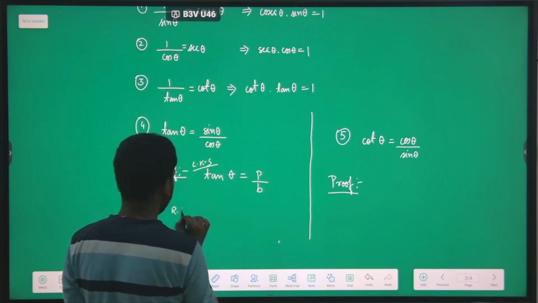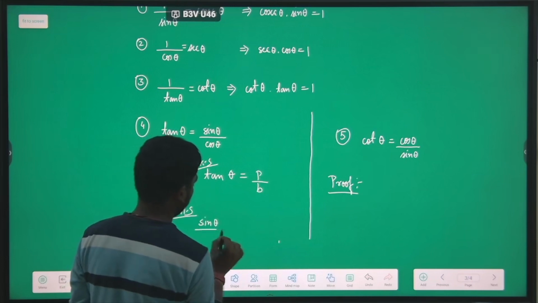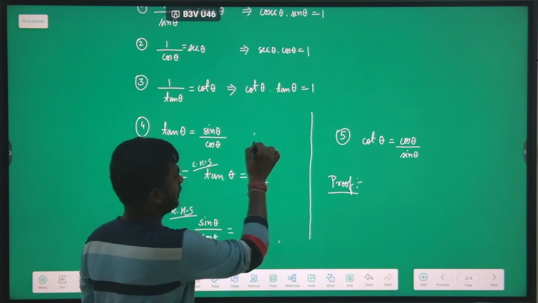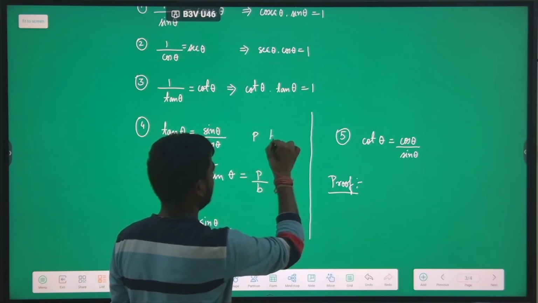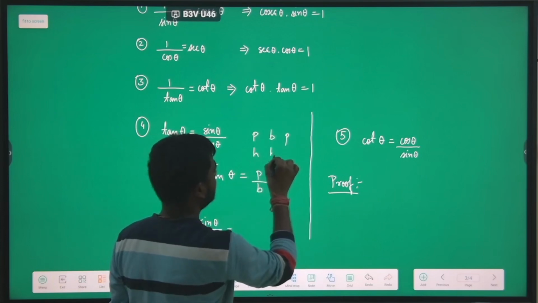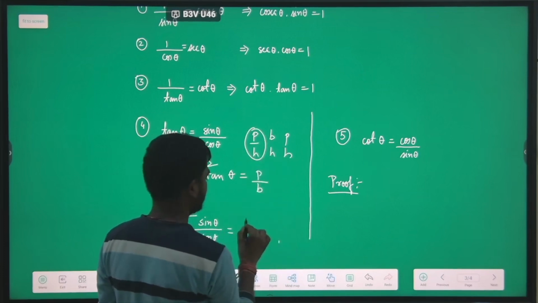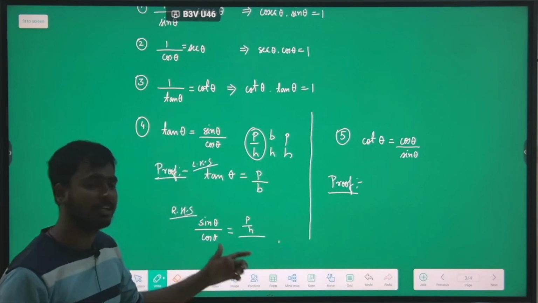When we go to our RHS, what will it be? We know that it is sin theta upon cos theta. What is our sin theta? In the mnemonic Pandit Badri Prasad Hari Hari Bol, we know that sin theta is P upon H, perpendicular upon hypotenuse.